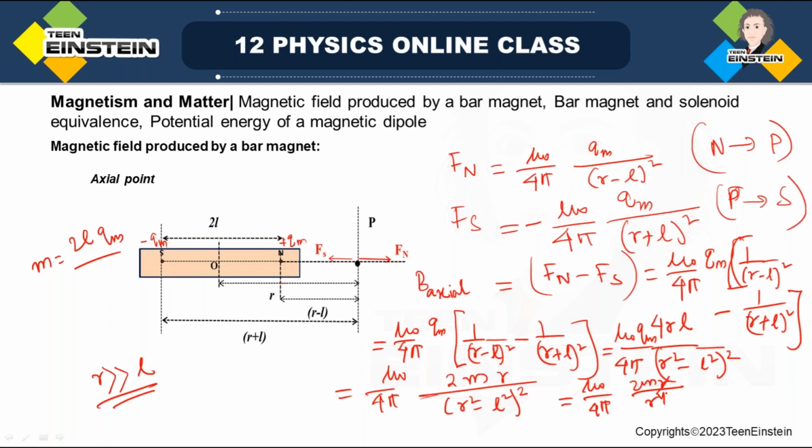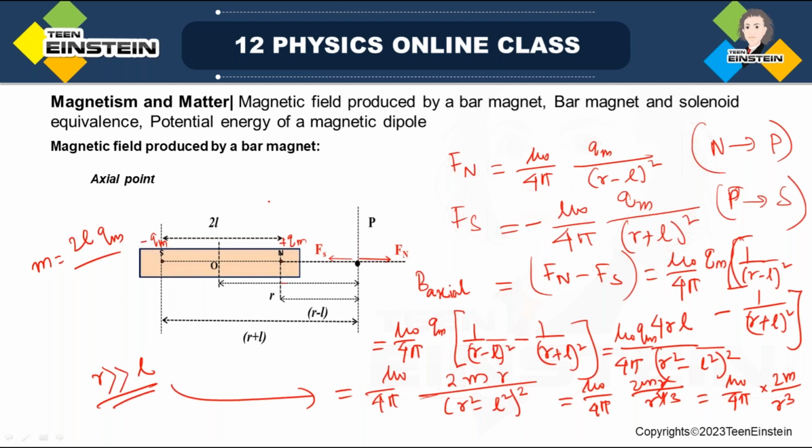So this r and r to the power 4, one power will get cancelled. So finally we'll get mu0 by 4 pi into 2m by r cube. This is with approximation, 2m by r cube.